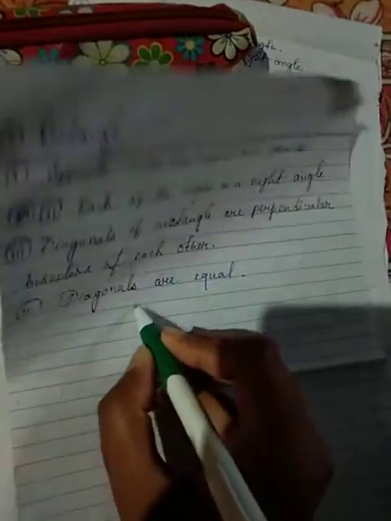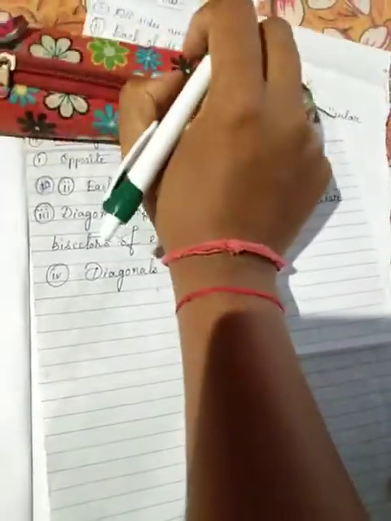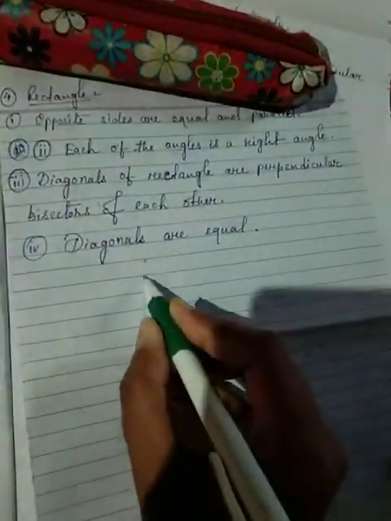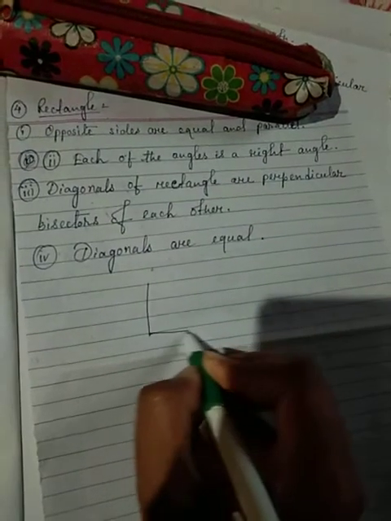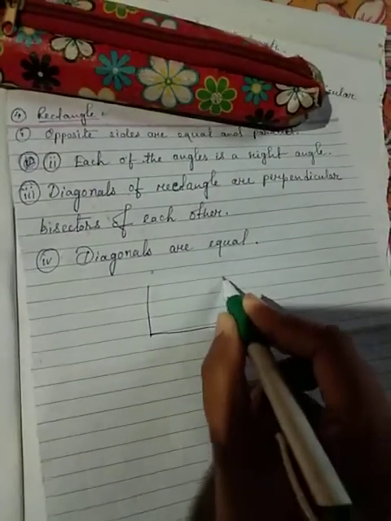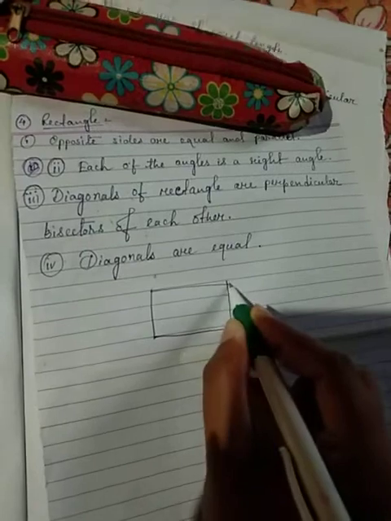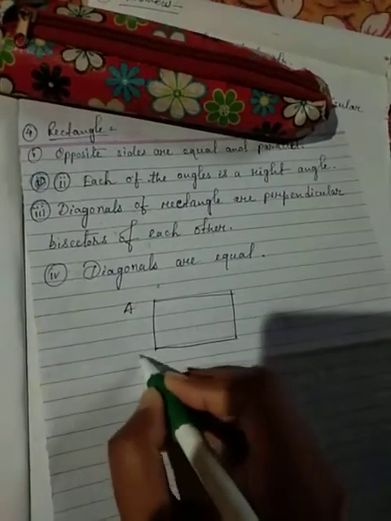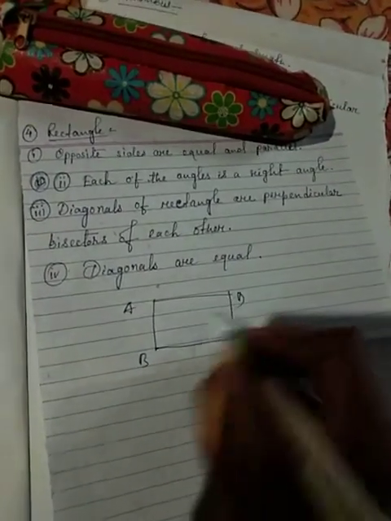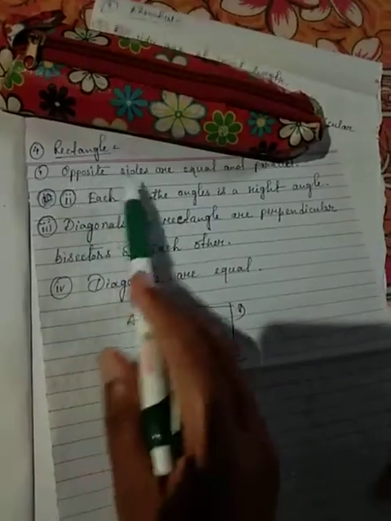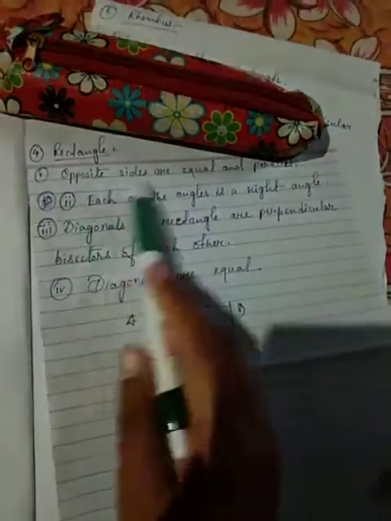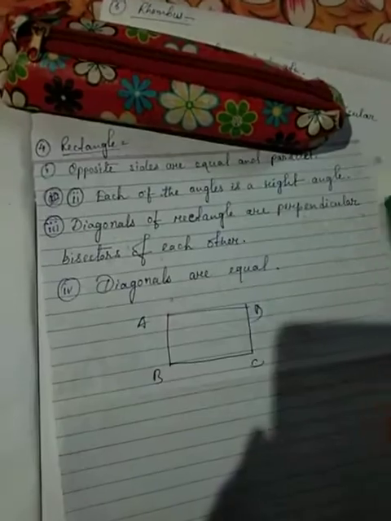Now our next quadrilateral is the rectangle. Now see, this is the figure of a rectangle. Its name is ABCD. Opposite sides are equal and parallel.